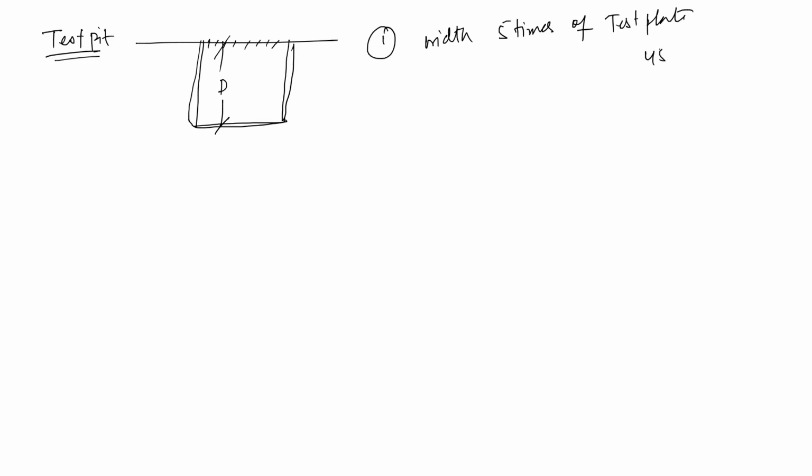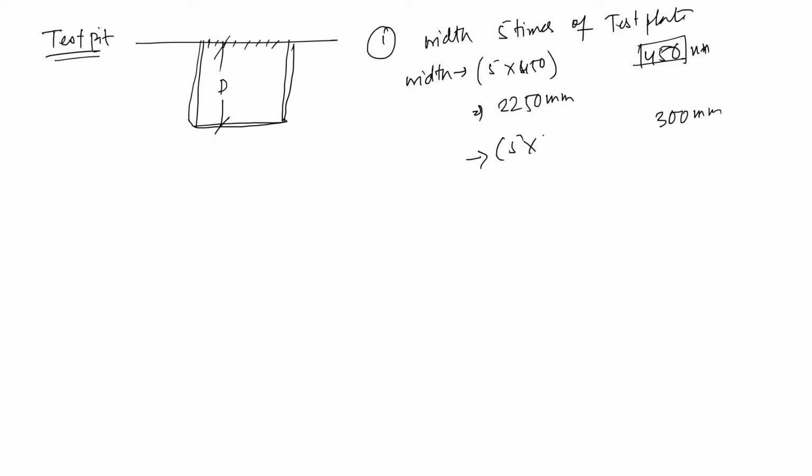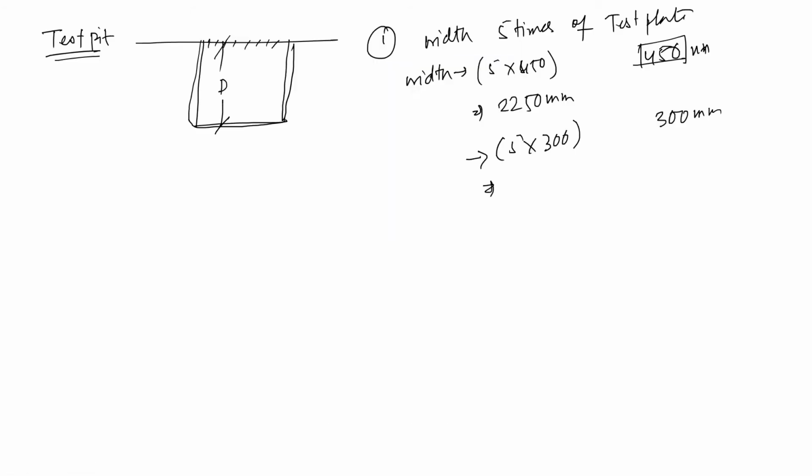Suppose the test plate is 450 mm, so the width should be 5 into 450, and that comes to 2250 mm. Suppose the test plate is 300 mm, in that case the width should be 5 into 300 mm, that is 1500 mm.